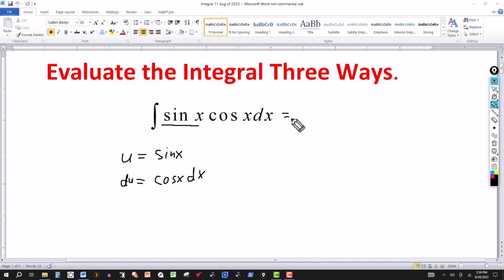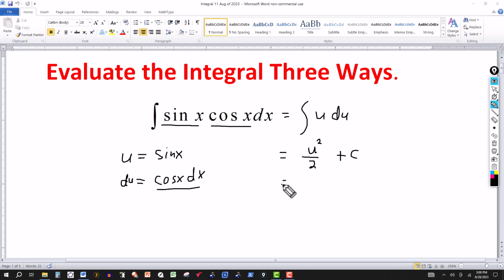That's my substitution, so this is the integral of u, and then cosine of x dx here is the same thing as du. Now we just integrate with respect to u using the power rule for integrals: add 1 to the exponent. It gives me a 2. Divide the coefficient by that value, that'll be 2 here, plus the constant of integration.